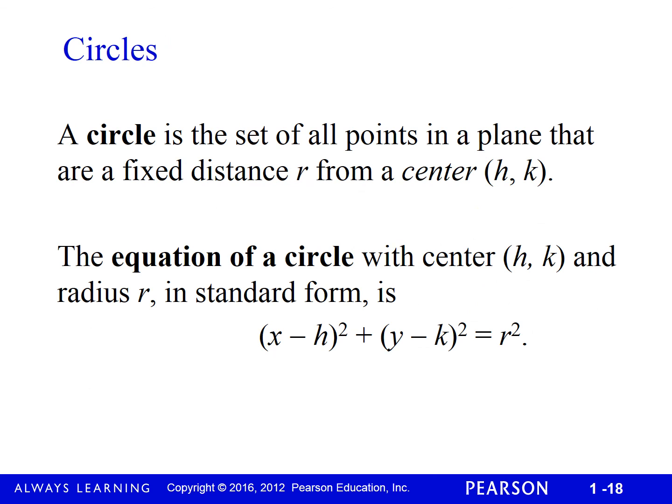So, circle: the set of all points in the plane the same distance from a given point called the center. We call that distance r, and we call the center (h, k). So the equation of a circle with center (h, k) and radius r in standard form is the important formula about circles that you have to remember.